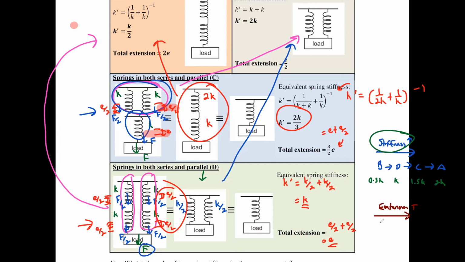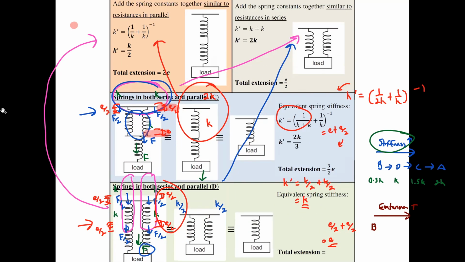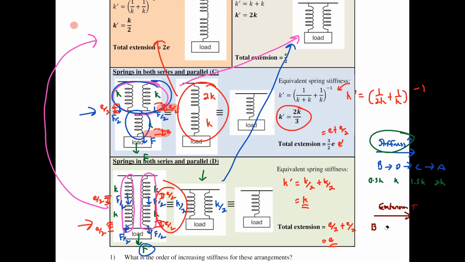Smallest extension would be B. The order of increasing extension would be B to D to C to A, because this one you see is 0.5E, this one is E, this is 1.5E, and then this is 2E. Okay, so that is what you get.